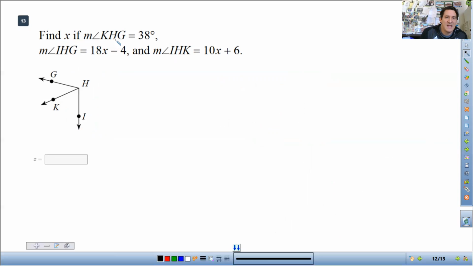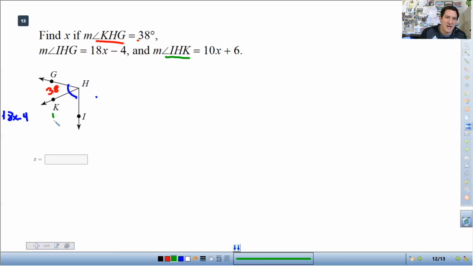Find X if KHG is 38. So KHG is this angle up here. So KHG, K to H to G is 38. IHG, that's the whole angle. The whole angle is 18x minus 4. And then this last one, IHK.